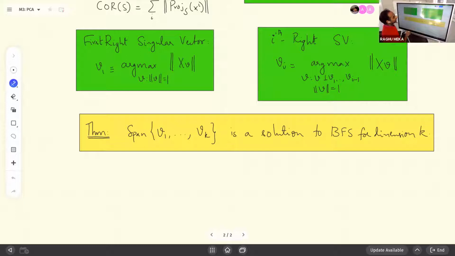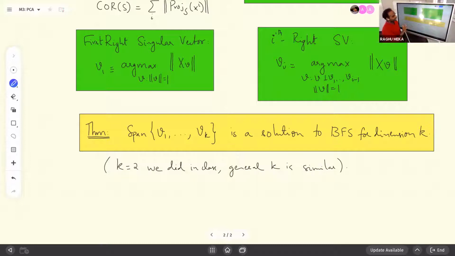And the non-trivial thing that I claimed last time was that the span of the first k right singular vectors actually gives you a solution to the best fit subspace problem whenever the dimension you're looking for is k. We showed this for k equals 2, but you can actually show it more generally, and I'll leave that as an exercise for you. So k equals 2 we did in class, general k is similar. Okay?